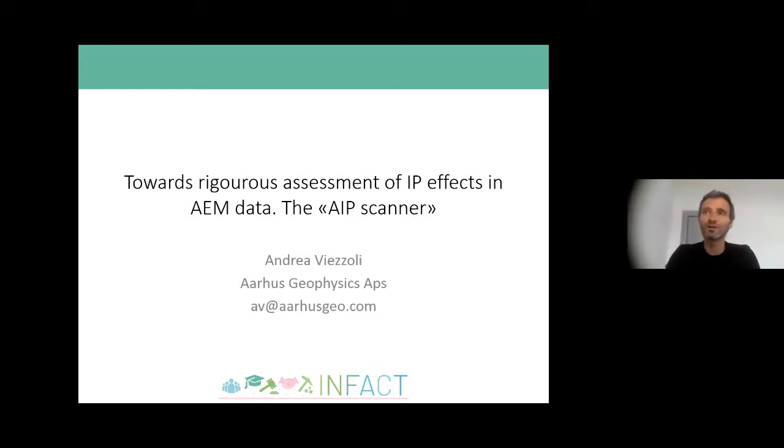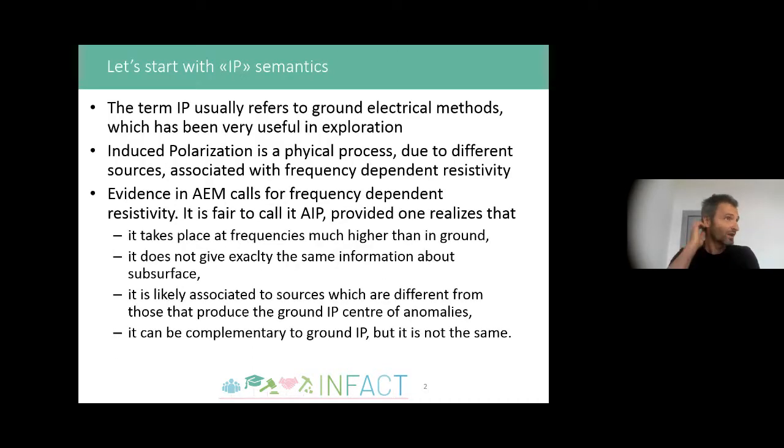I guess the new thing that I'm going to show today is something we recently came up with, called the airborne IP scanner, which is a way to robustly assess your data and know, hopefully correctly, where your data is affected by IP, and hence you should worry about it, or where it's not.